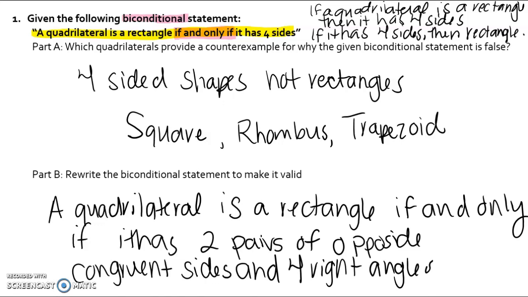Right? A rectangle has opposite sides that are equal and 4 right angles.